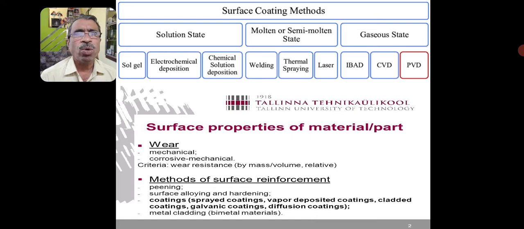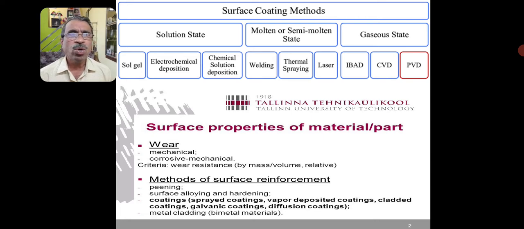This slide shows the various types of surface coatings. Surface coatings are broadly classified into three categories: the solution state, the molten or semi-molten state, and the gaseous state. Solution state includes sol-gel, electrochemical deposition, and chemical solution deposition.